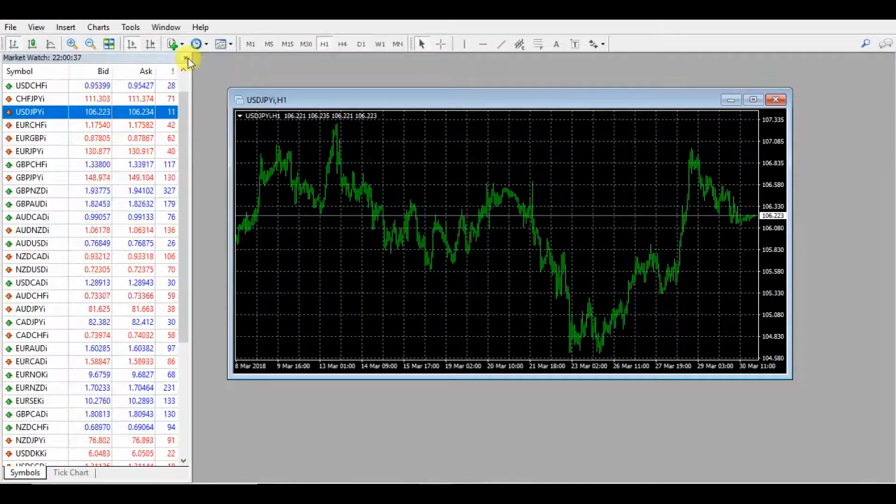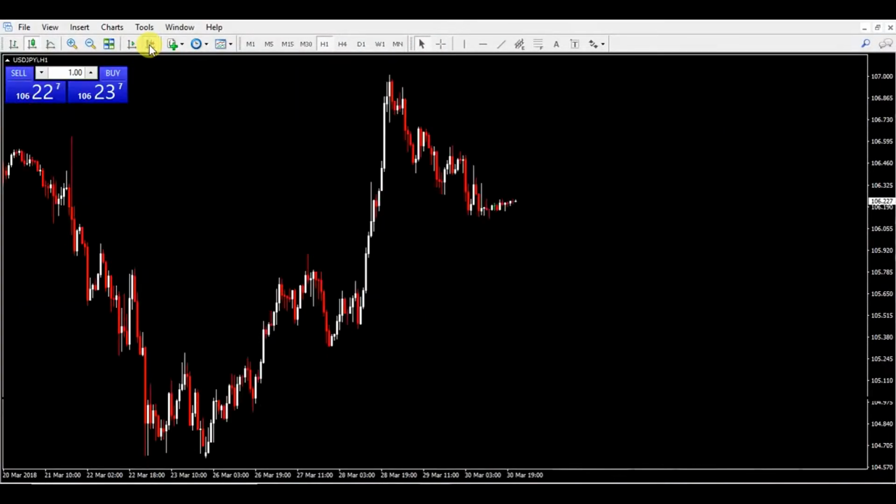All right. So first things first, what we do is find strong, valid areas of support resistance using the higher time frames, such as the weekly and the daily. Anything lower, we don't really care, unless it comes down to finding a better entry.